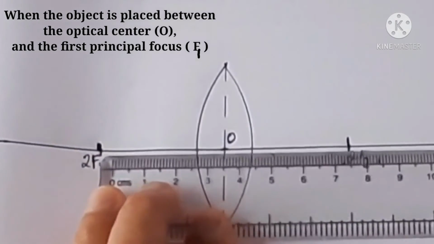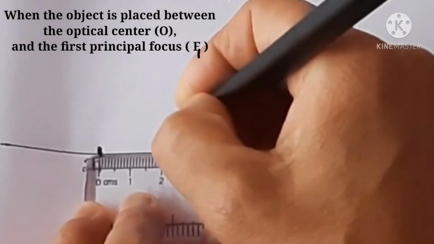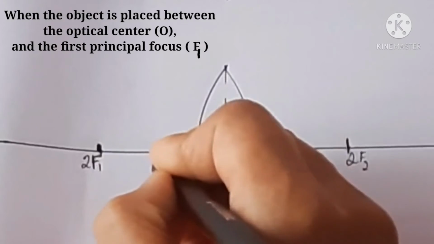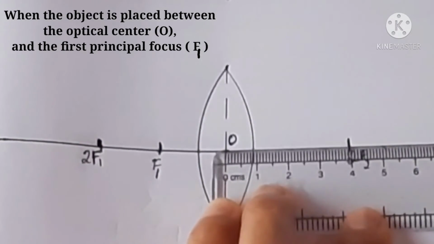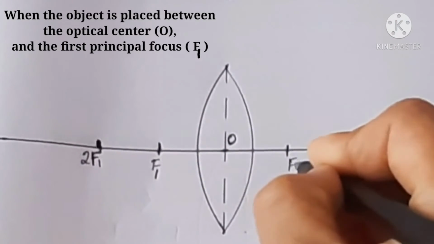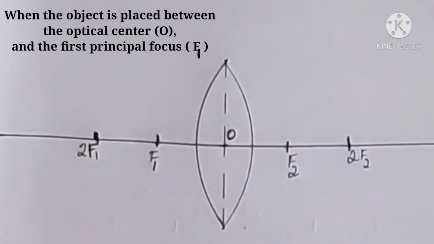Then half of this you will get the first principal focus F1. And here also you measure 2 centimeters, again F2, the position of the second principal focus.